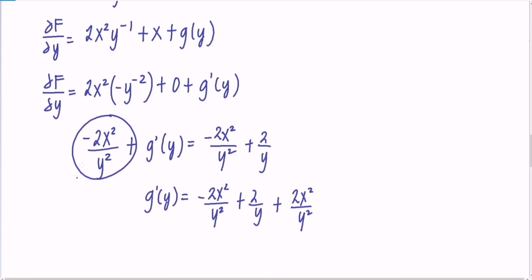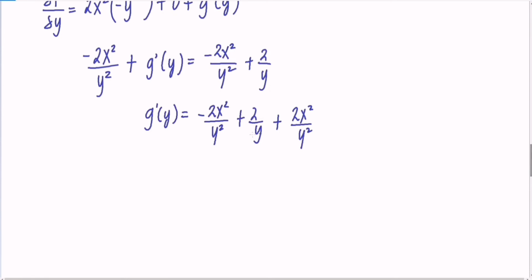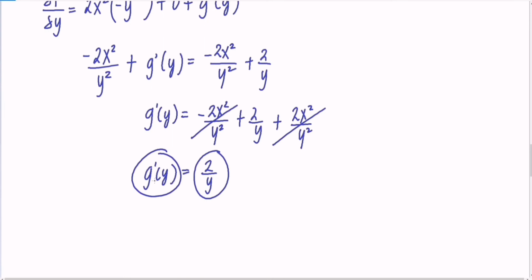Makakancel lang ito, so may matitira tayong g prime of y, which is 2 over y. Dapat naman talaga, y lang ang matitira kasi ang meron tayo dito ay g prime of y lang. Mali yan guys kapag may x kayong natira tapos naka g prime of y kayo, kasi dapat y nga. Okay? So, integral natin to.